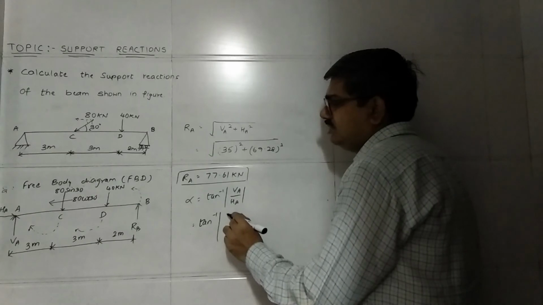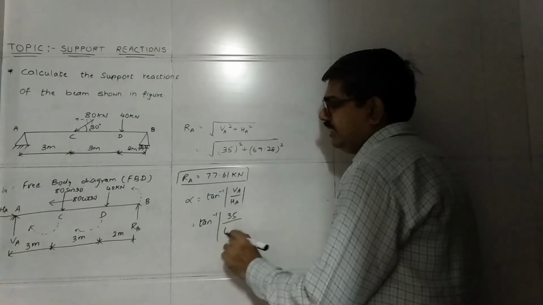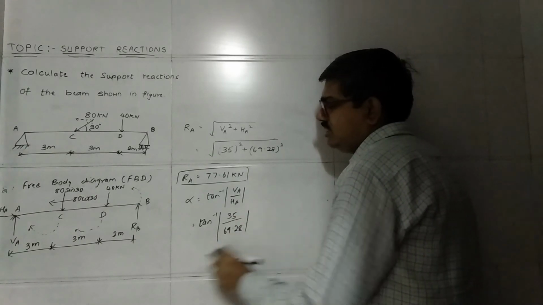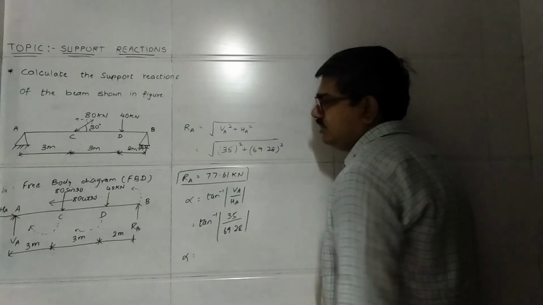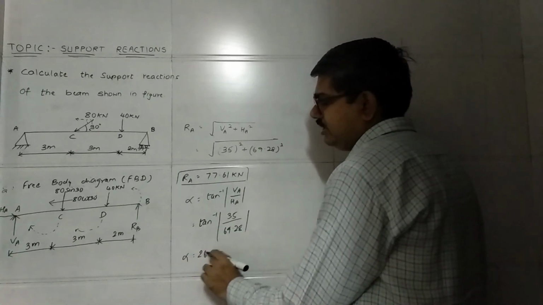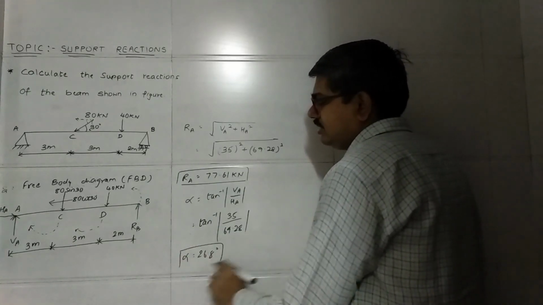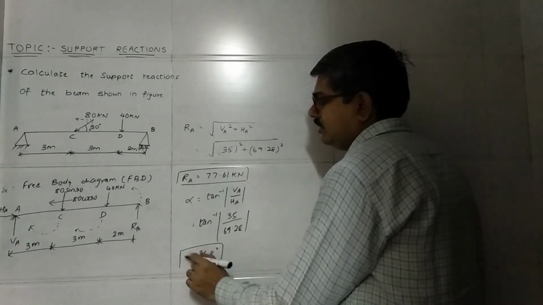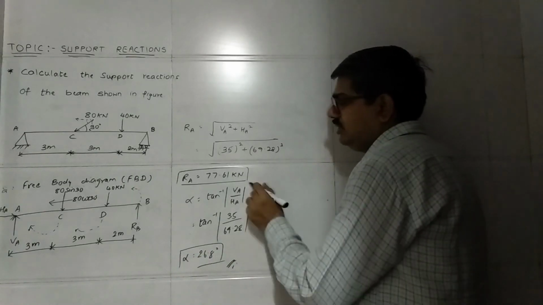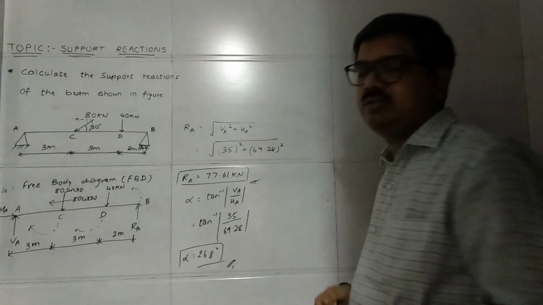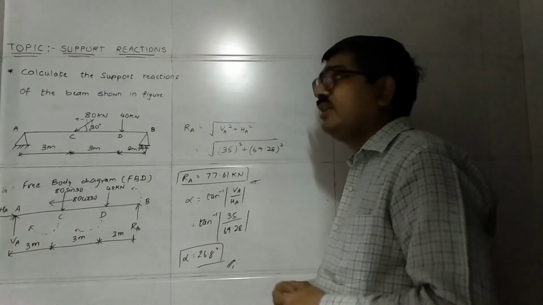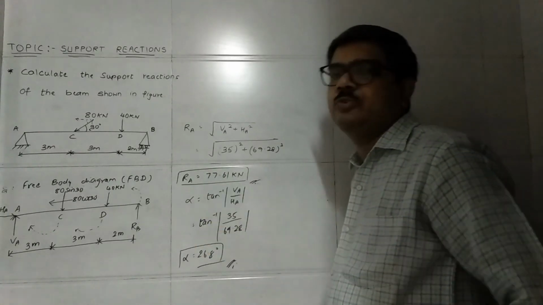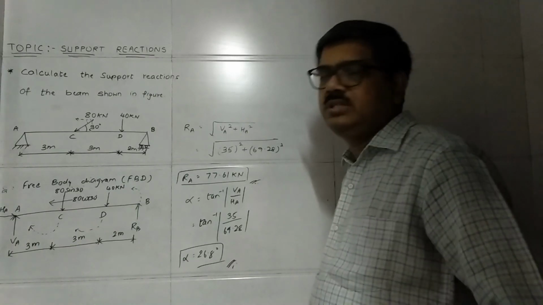So VA is 35 and HA is 69.28. So alpha is equal to 26.8 degrees. So this is the value of direction of the reaction. In this way you can find the support reactions of this beam. Okay, I hope you understood. Thank you very much.